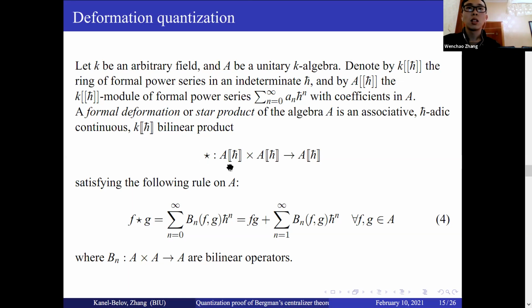This star product is a new product on A[[h bar]], satisfying the following rules on A: f star g is the sum of B_n(f, g) h bar to the n, where the B_n are all bilinear operators, and B_0 is actually f times g, with n from 1 to infinity.